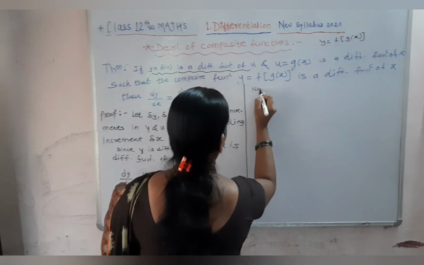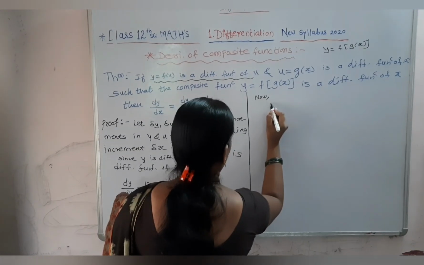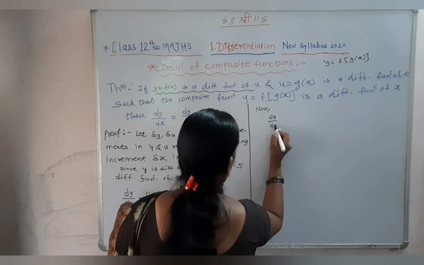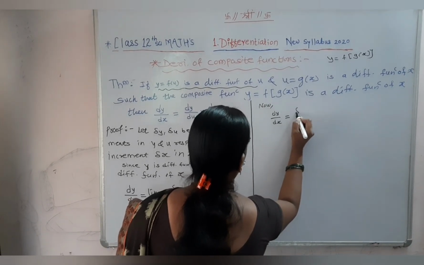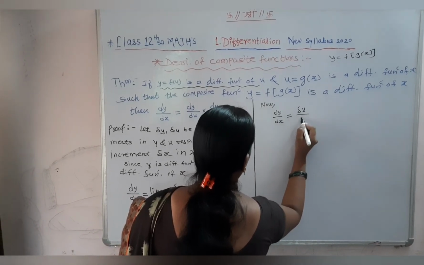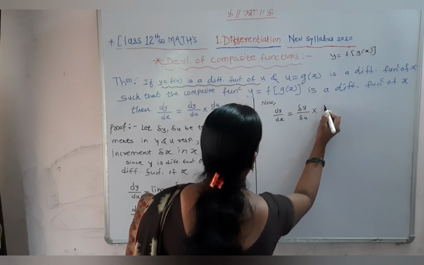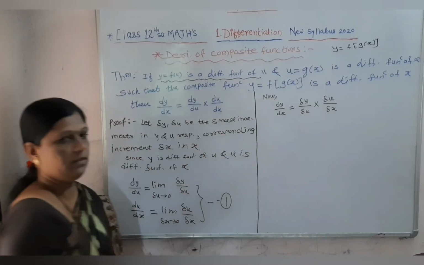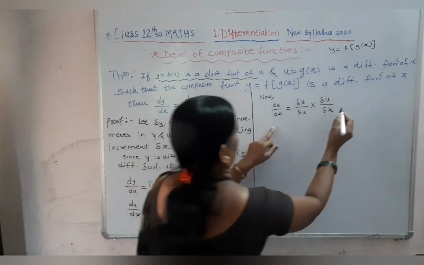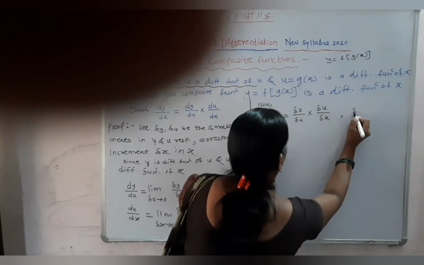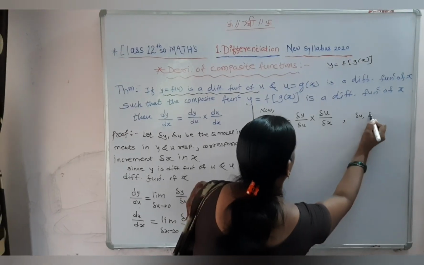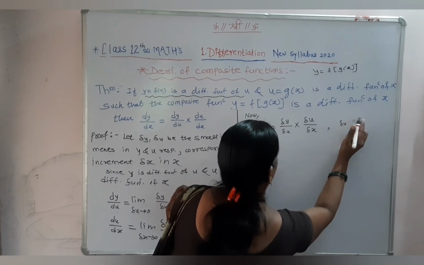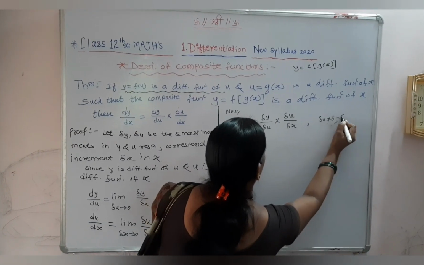Then now delta y by delta x is equal to delta y by delta u into delta u by delta x. We have considered this, then this delta u and delta x are not equal to 0.